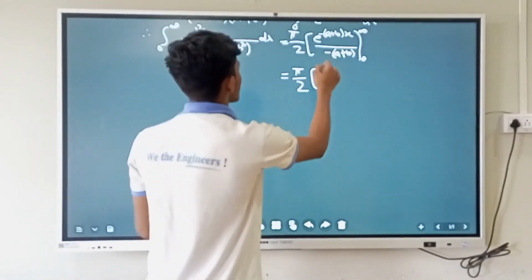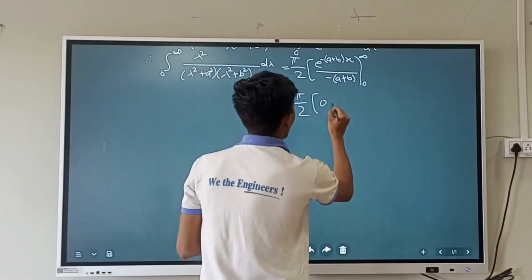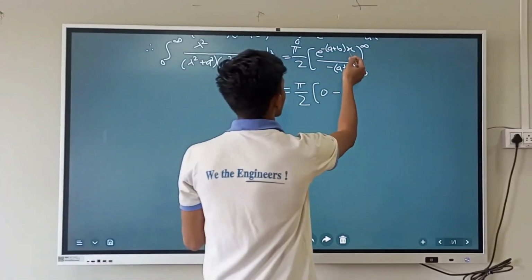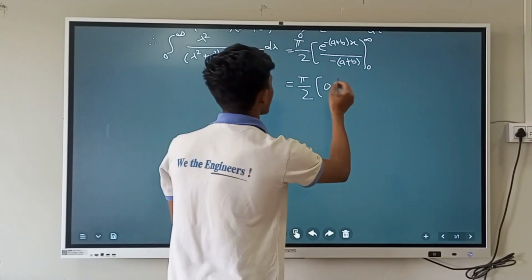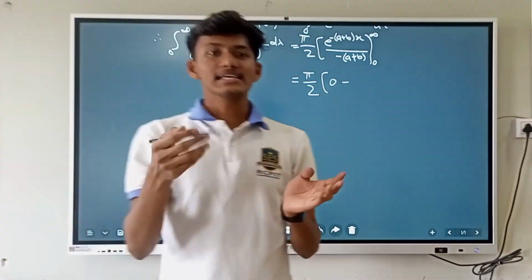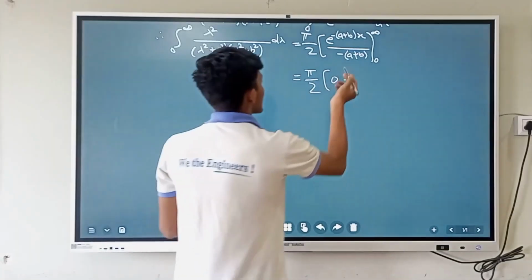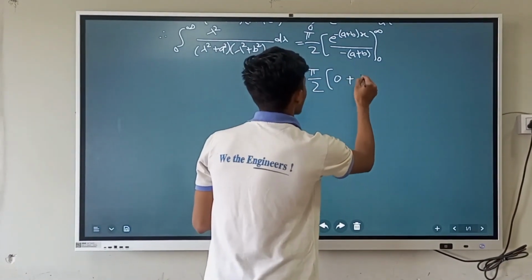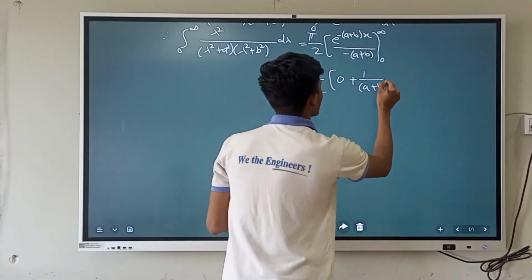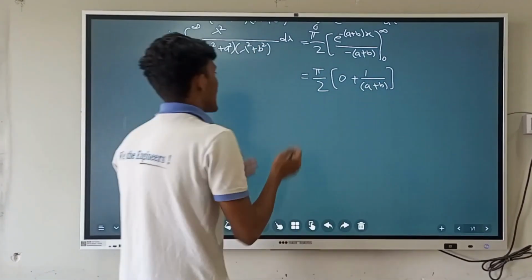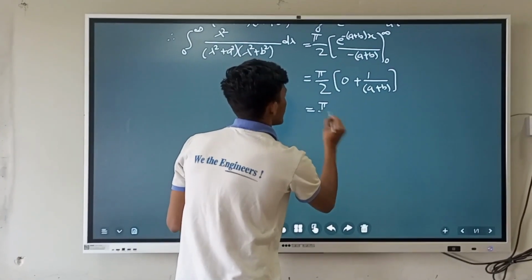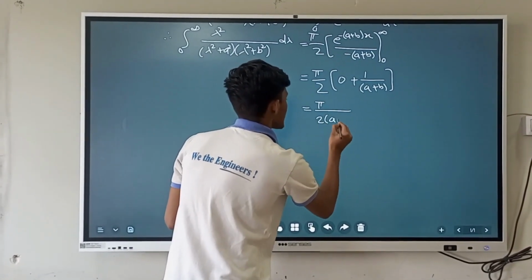Therefore, the whole term becomes 0. And for the lower limit, we will take minus, and substituting 0 at the place of x, we will get e raised to minus 0, and e raised to 0 is 1. And these minus signs become plus, and it becomes 1 upon (a plus b). And by solving this, we will get pi upon 2 times (a plus b).